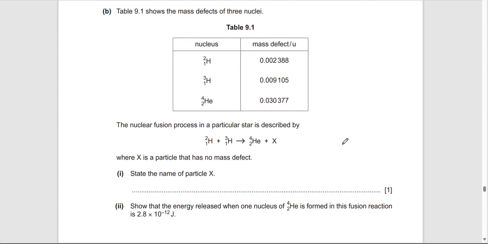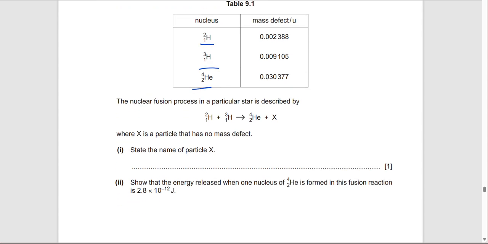Table 9.1 shows the mass defects of three nuclei: H2, H3, that is the deuterium, tritium, and helium. Some of the mass defects are there. The nuclear fusion process of a particular star is described by that equation, where X is a particle that has no mass defect. Say the name of particle X, right? It is a neutron.